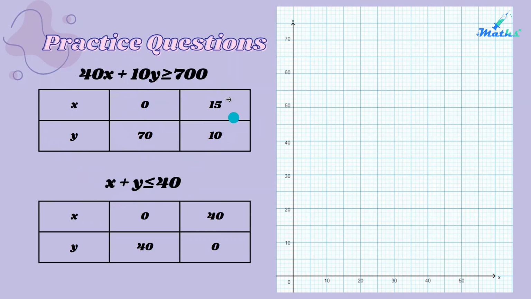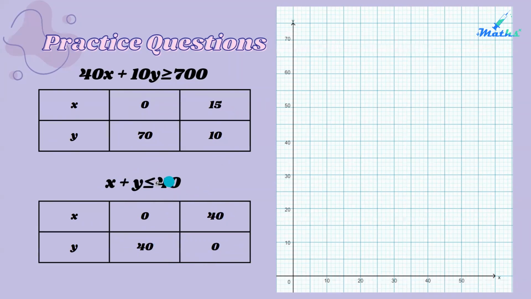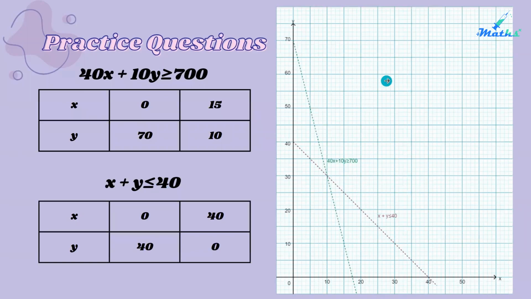And here's the line I'm going to use. I already counted. And here is another line for x plus y less than 40. So this is the graph that I did.